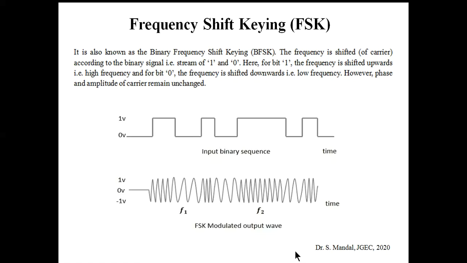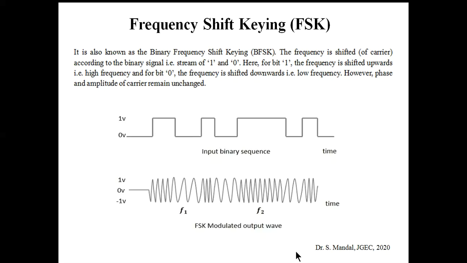It is also known as binary frequency shift keying or BFSK. Conventionally, a digital signal consists of 2 bits, that means 1 or 0. So conventionally, for 1, the frequency of the carrier is shifted upwards.